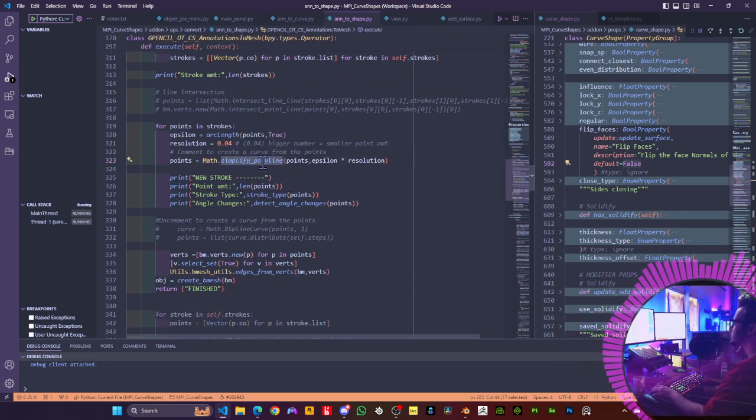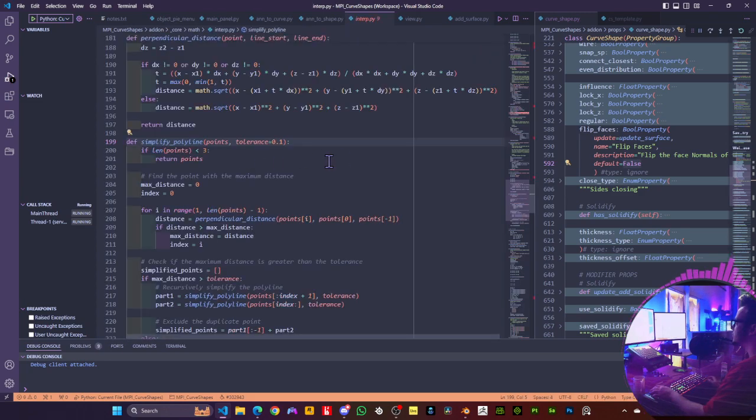and then we use this simplify polyline just to simplify, because that's hundreds of points in there. We pass in what I just showed you, multiplied by resolution. 0.04 in my case works really well.